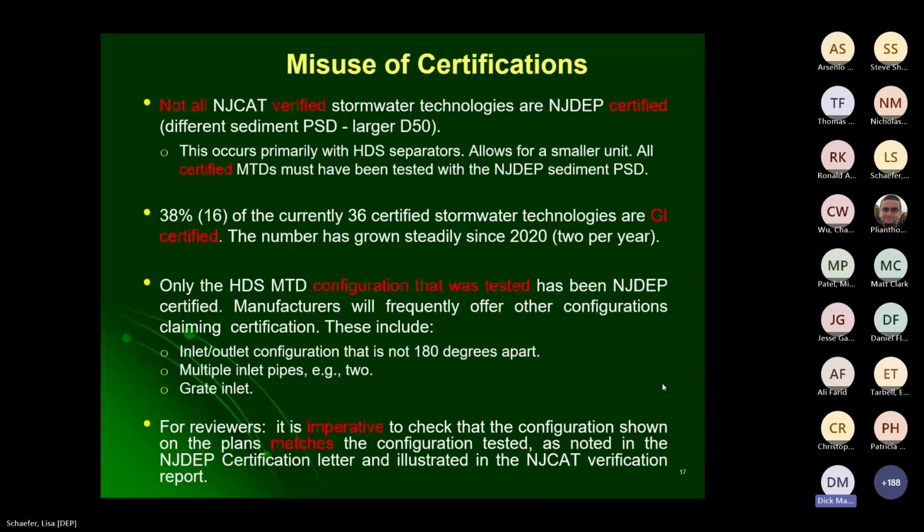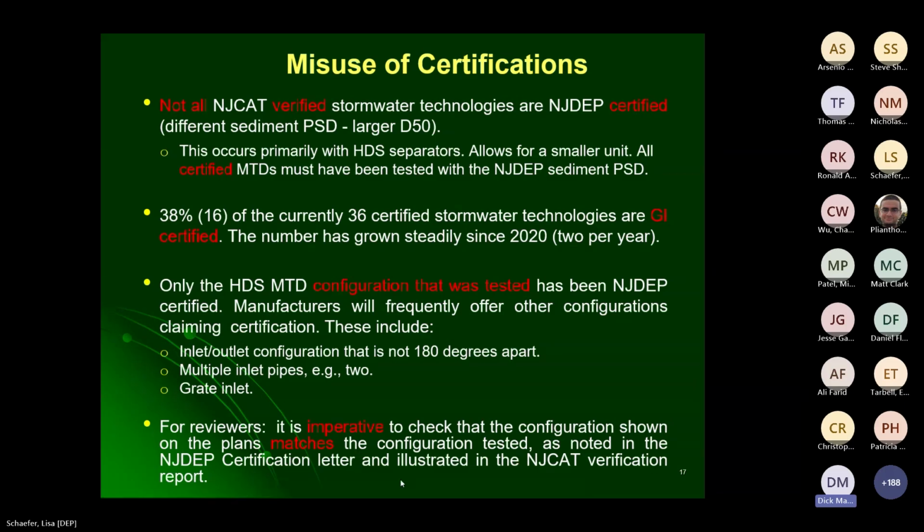And so NJCAT has taken the position that since there's value for it, we will verify it against the same test protocol that we use for NJDEP, but we caveat the report, and therefore it is only basically verified, not verified and certified.